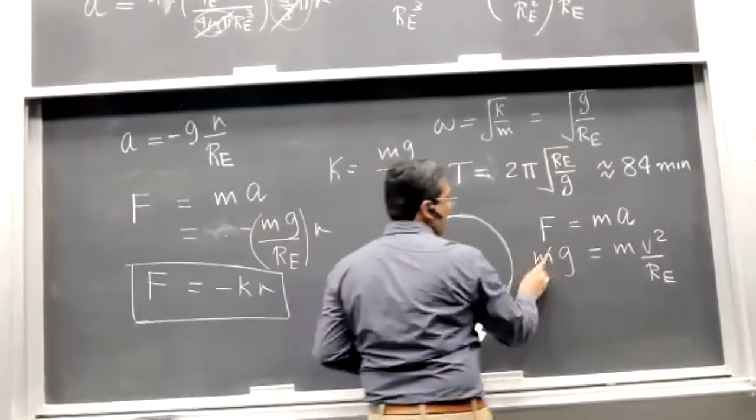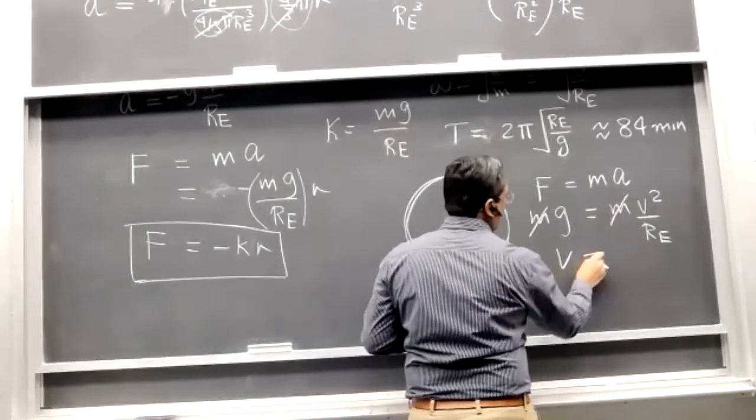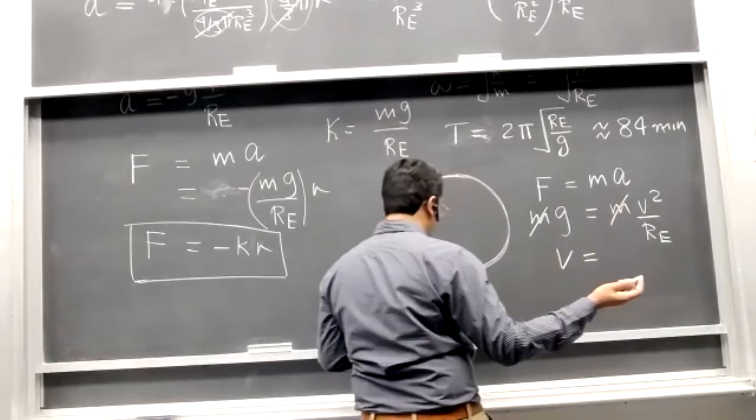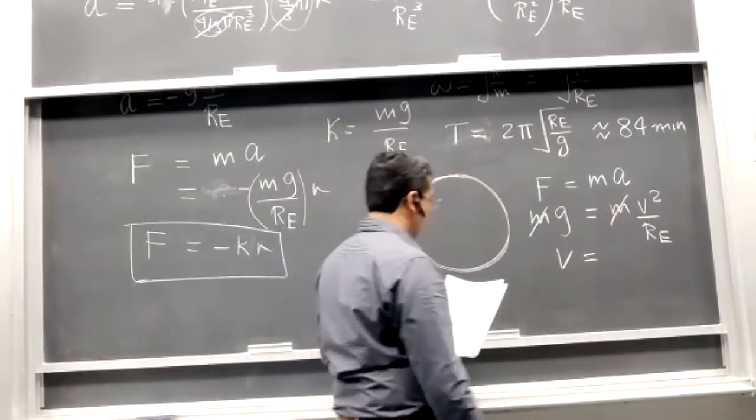And from here you can calculate v. What would be the speed? Anyone? Square root of g R_e.